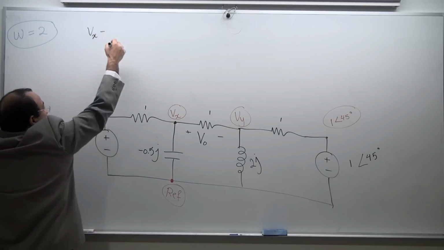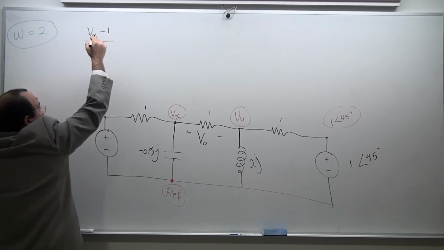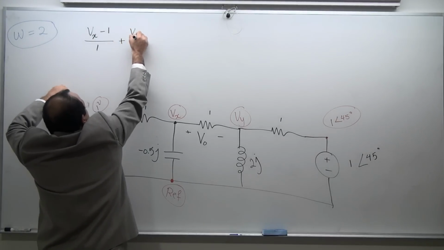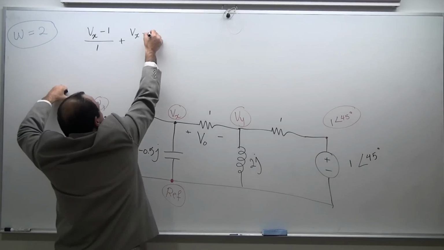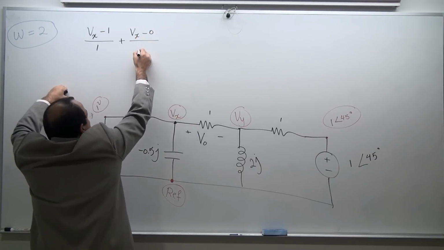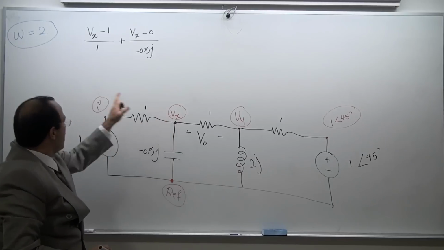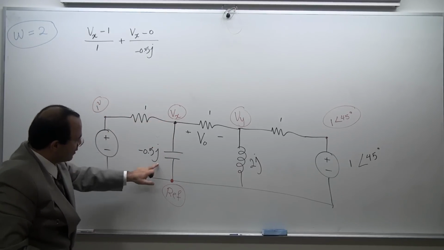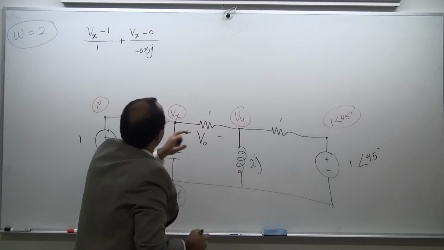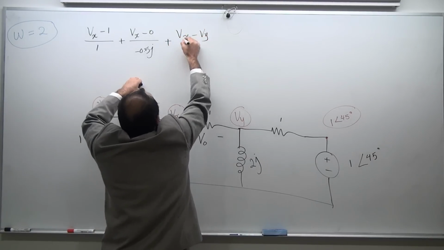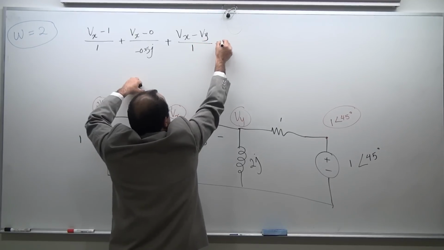Vx minus 1 volt divided by 1, plus Vx minus 0 divided by minus 0.5j, plus Vx minus Vy divided by 1 equals 0.